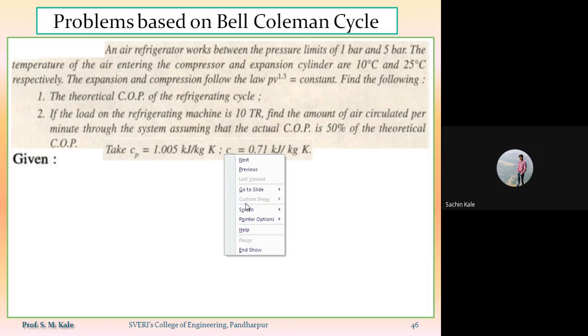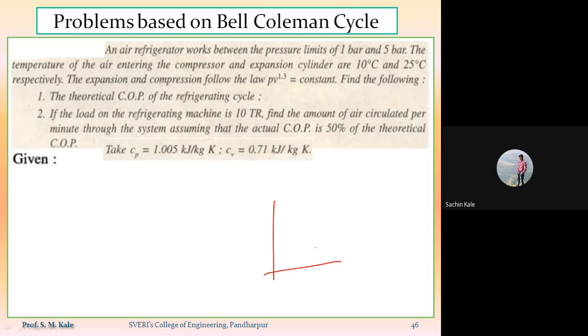So if you see the PV diagram, the 1 to 2 process is compression, 2 to 3 is constant pressure, 3 to 4 is expansion, and the 4 to 1 process is constant pressure.